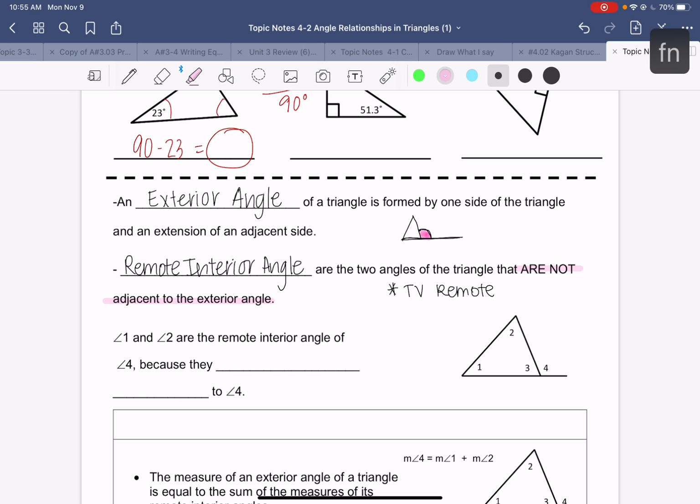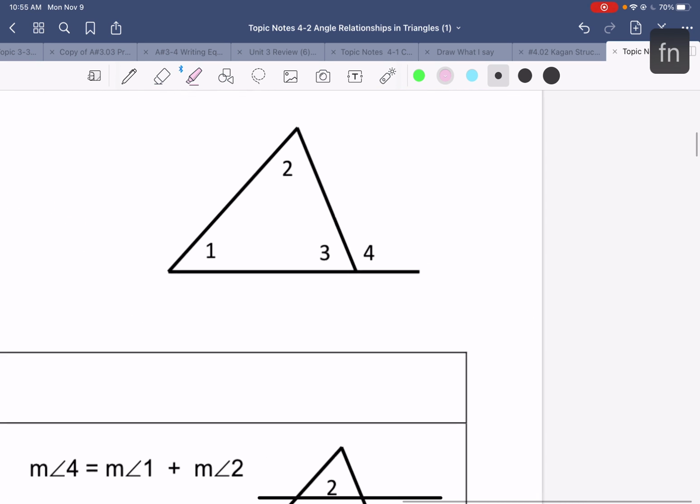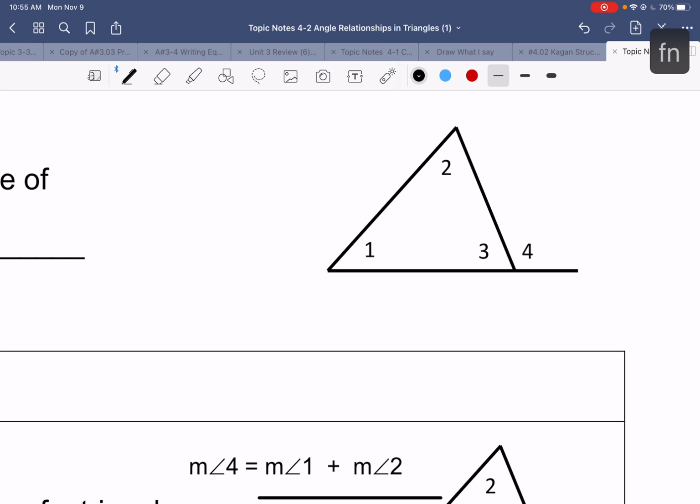So let's go to this example right here. Okay, this one says it's a triangle with an exterior angle. Exterior angle is angle 4. Okay, so since the exterior angle is angle 4, the remote interior angles are angle 2 and angle 1 because they are away from angle 4.